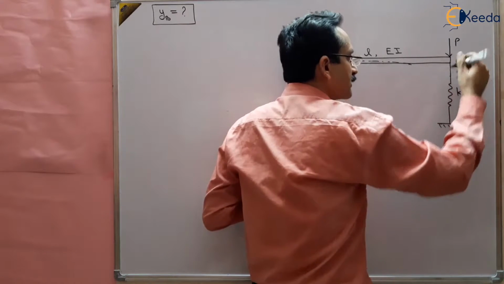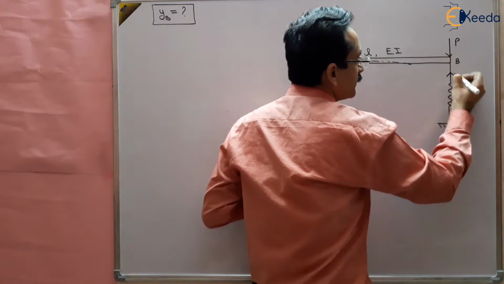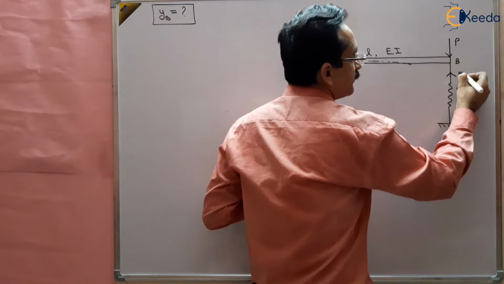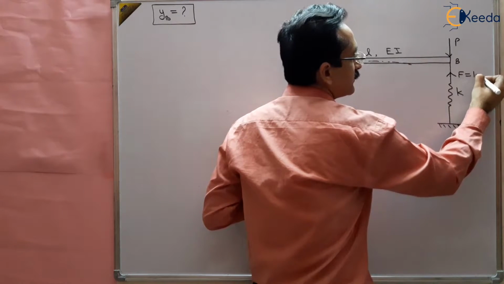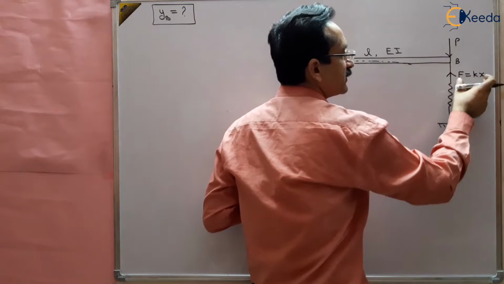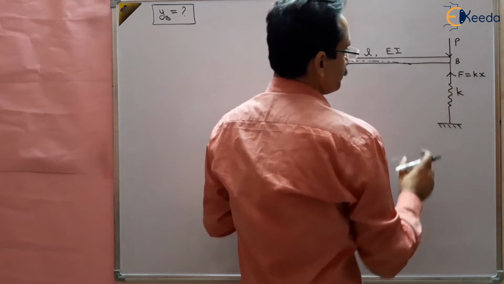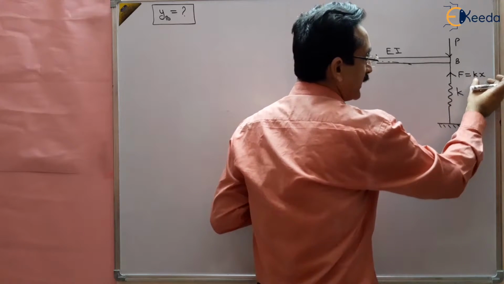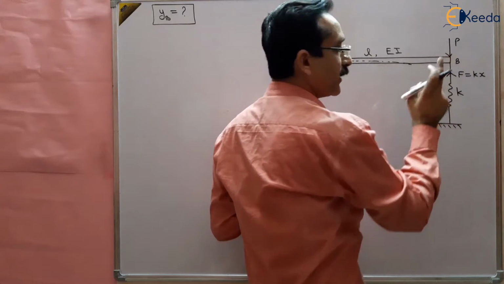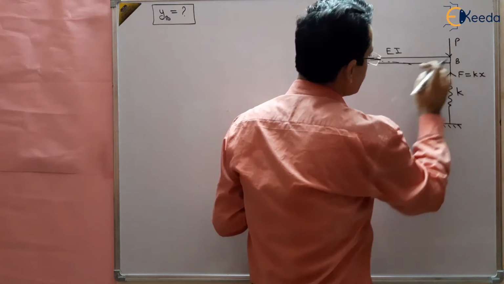Suppose this force is F, which is equal to Kx. You know that the spring force is given by Kx, the resisting force, where x is the compression of the spring, which we have to find out.